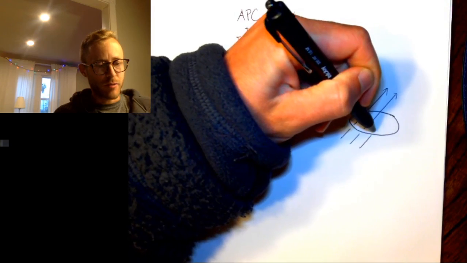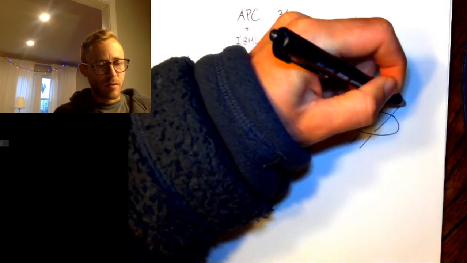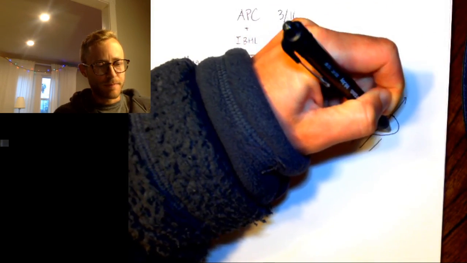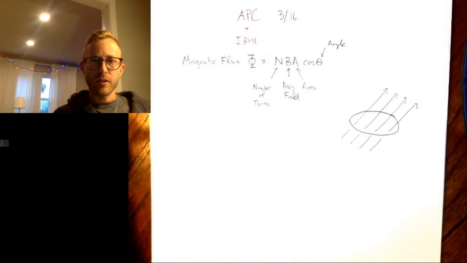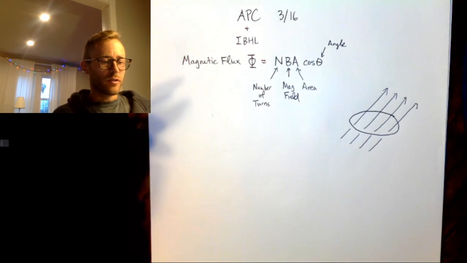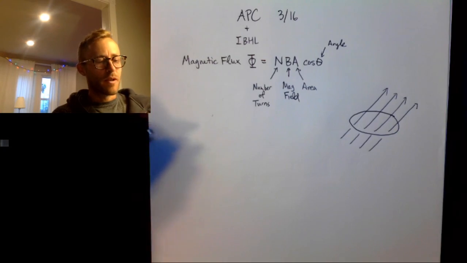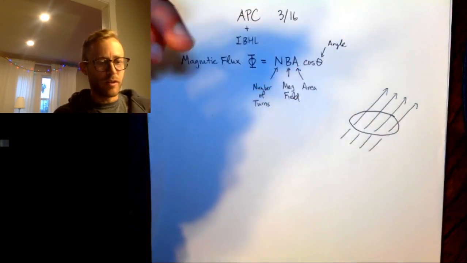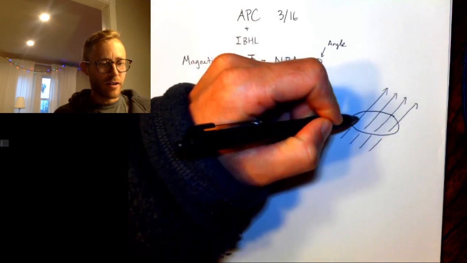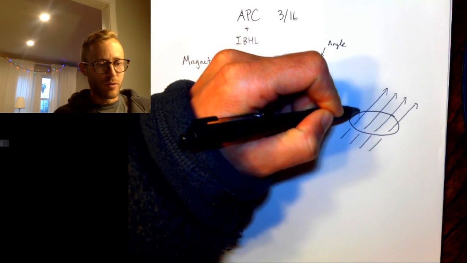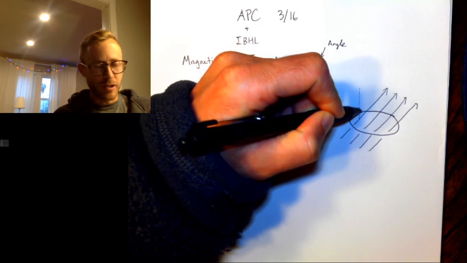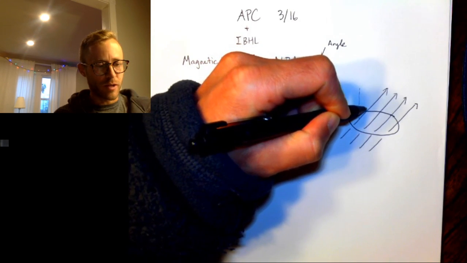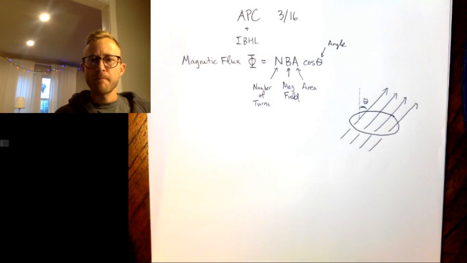It's passing through the loop like so. The angle that I'm referring to is the angle between the magnetic field and the normal to the loop, so the perpendicular to the loop. So this angle right here is what I mean by theta.